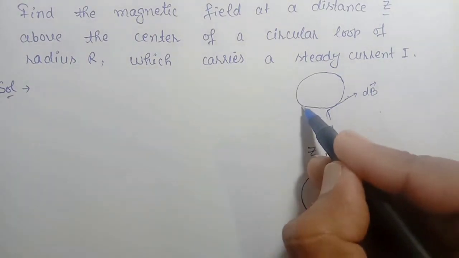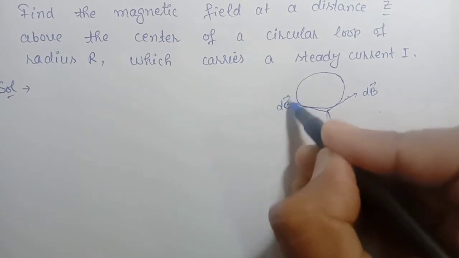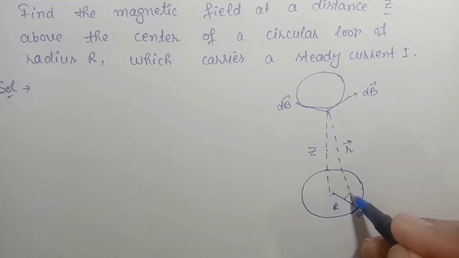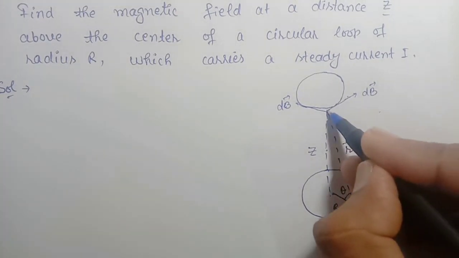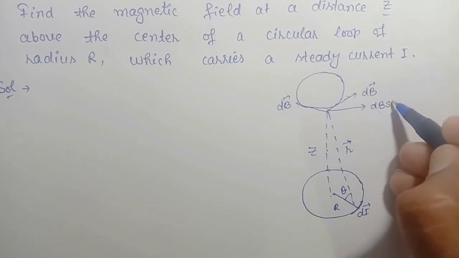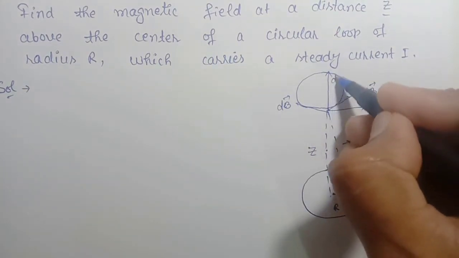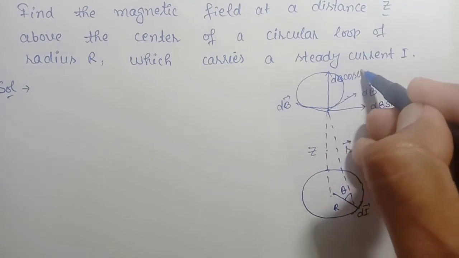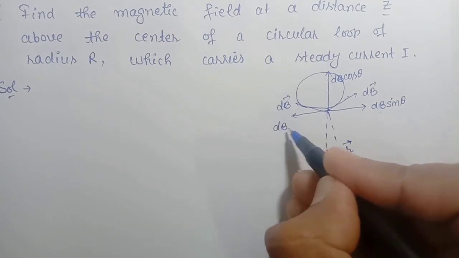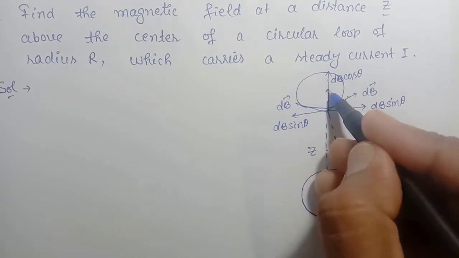This is dB, and similarly on this side we also have dB. Suppose this angle is theta, then the resultant components are dB sin theta and dB cos theta, and symmetrically we also have another resultant component dB sin theta on the left side, and also along the upper side, dB cos theta.